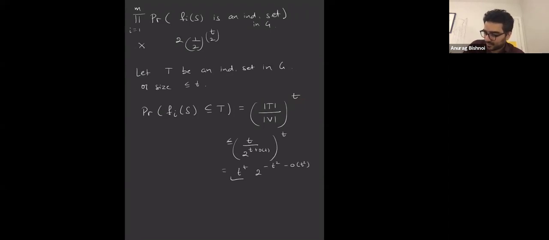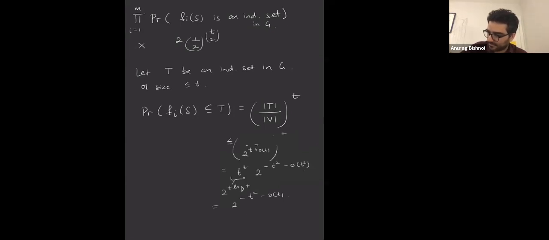And this thing you can just write as 2 to the t log t, right? So this whole thing is in fact just 2 to the minus t squared. Is that clear? Okay.